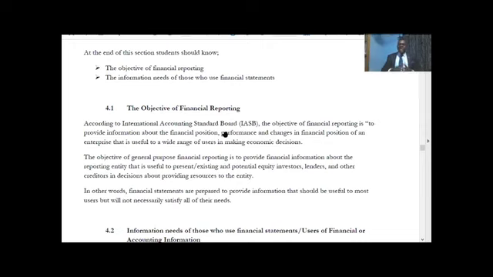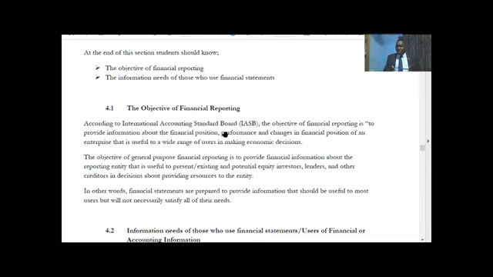And that helps the users of financial accounting information to take very important decisions. For example, if I happen to be an investor or a shareholder in a company, in order to know how my investment is doing, I would like to know the entity's performance.